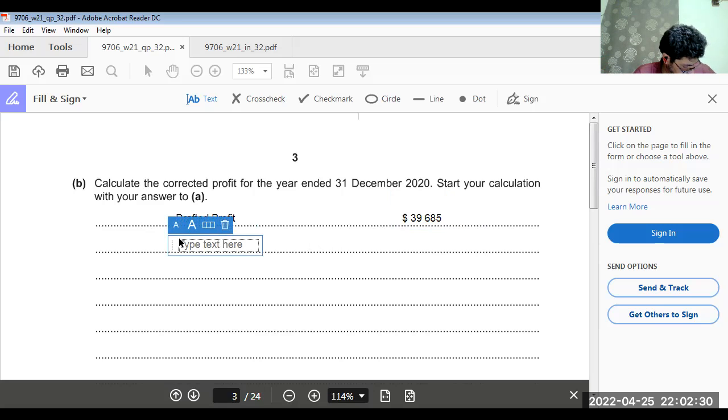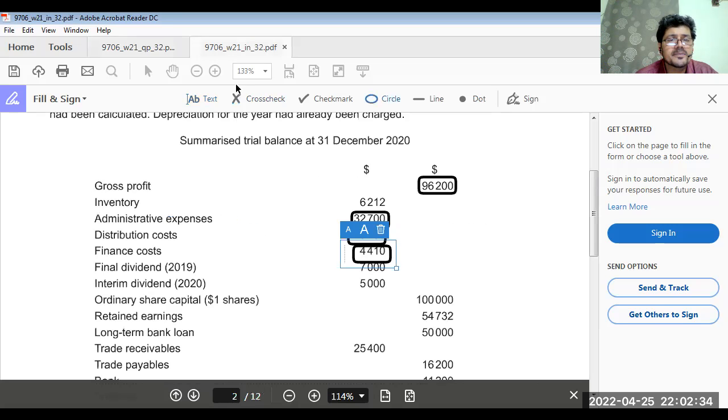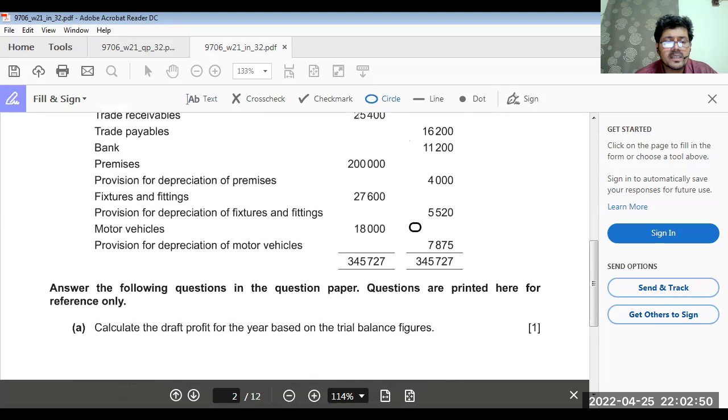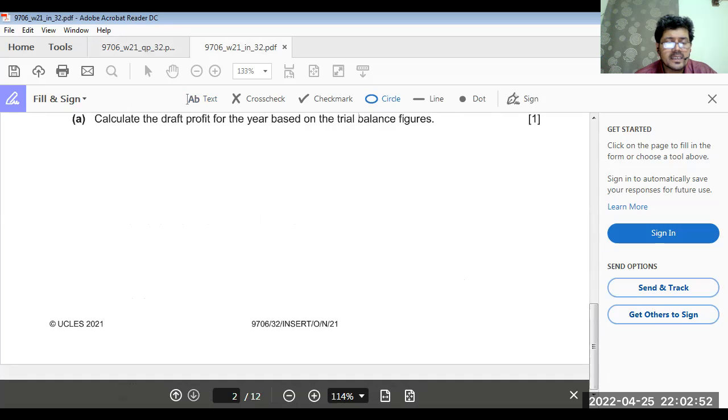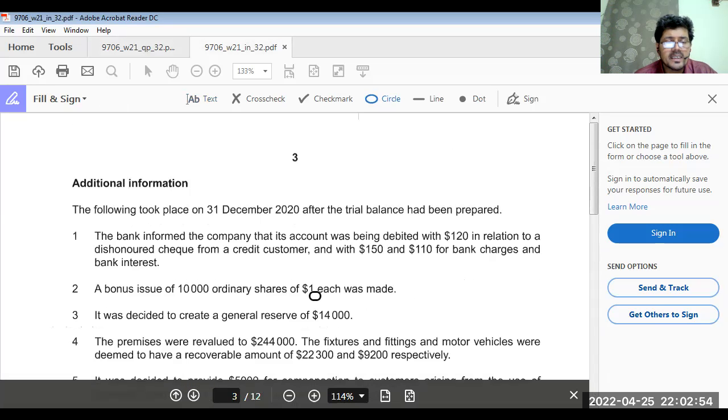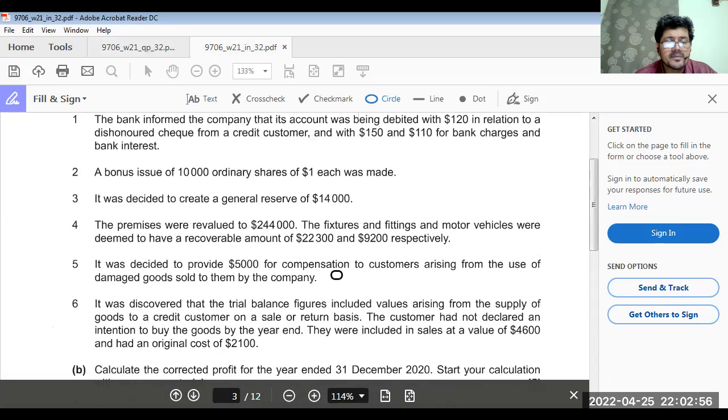Now, what happened? You have to be very much careful. Allow me to show the insert. You know that the company, first step, we have to be very much careful about these two things.